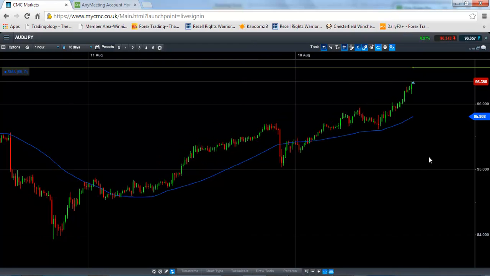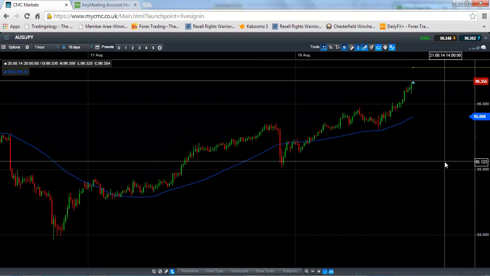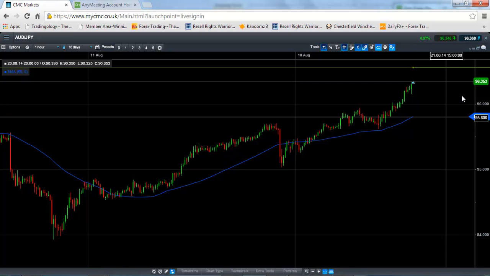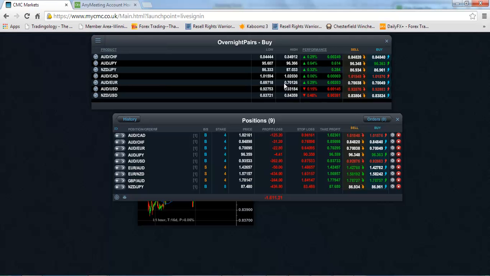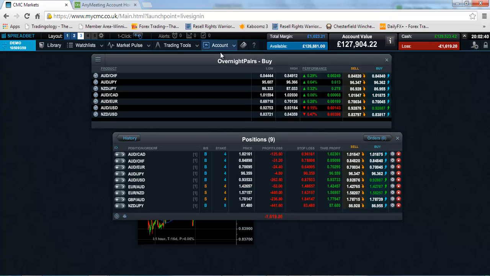So, without any hesitation, I know the next step is to go through your trading diary. But because I have just placed a trade, I am going straight into my positions, and then you can see that AUDJPY is here. I've just placed it, and then I'll click on history because I want to fill my trading diary.